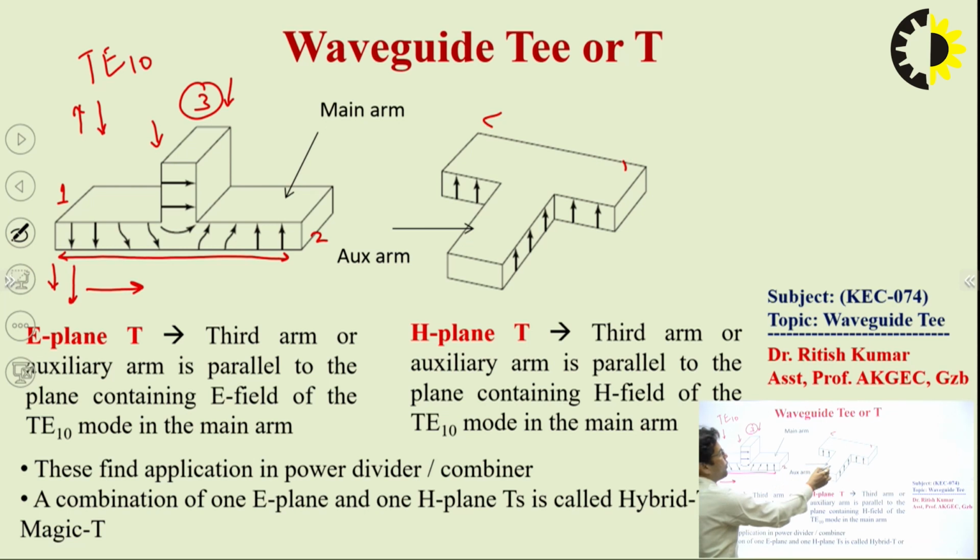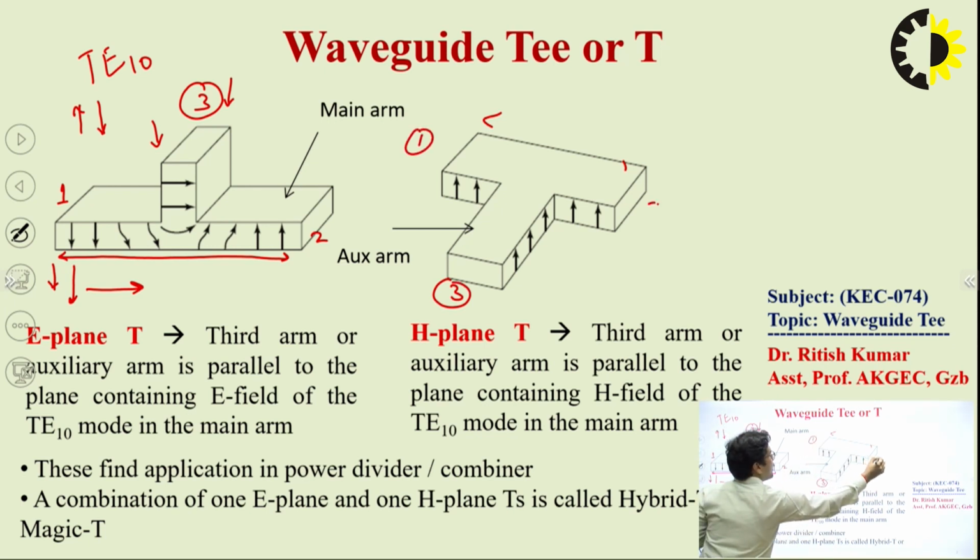Similarly for the H-plane tee, if we deliver the power at port number 3, we have the power at port number 1 and port number 2. And if we attach two sources at port number 1 and port number 2 simultaneously, we get the power at port number 3 as the summation of these two port powers. So this device can act as a power divider and power combiner as well.